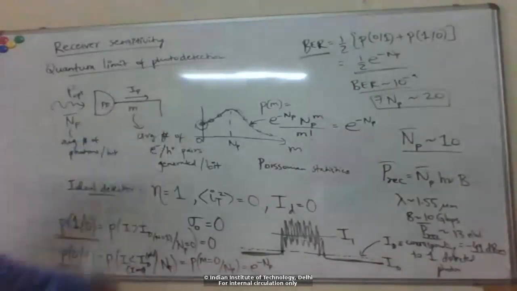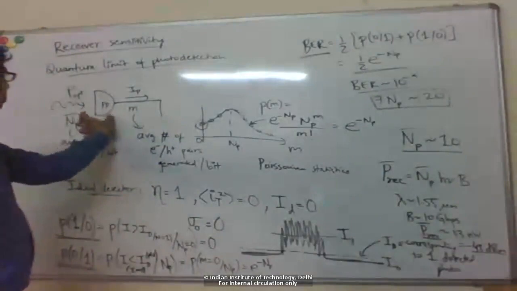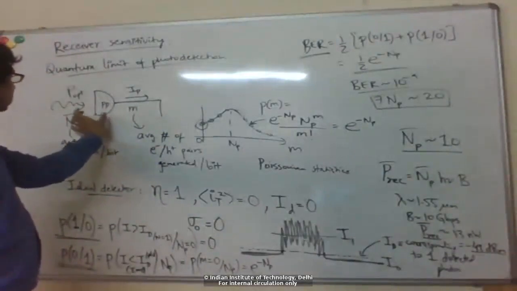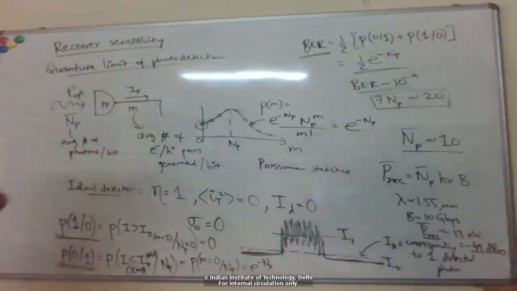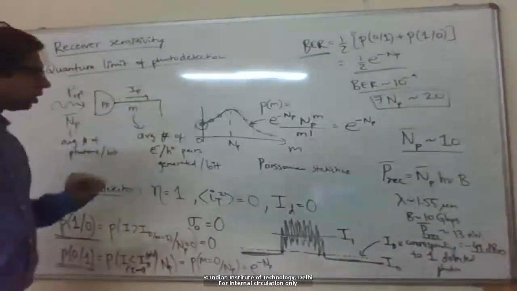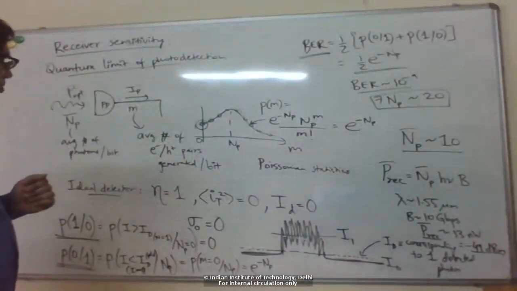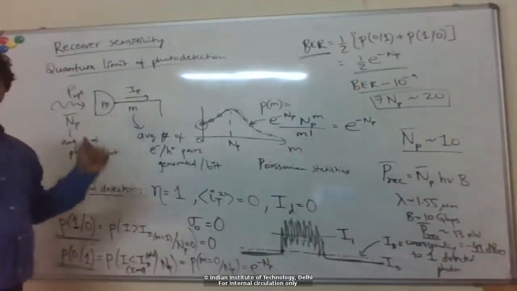So now we've discussed the noise mechanisms introduced due to the photodetection process, and how it limits our SNR and bit error rates for an optical link. But this whole discussion so far, in the past 2-3 classes, has been only the noise introduced due to the receivers.